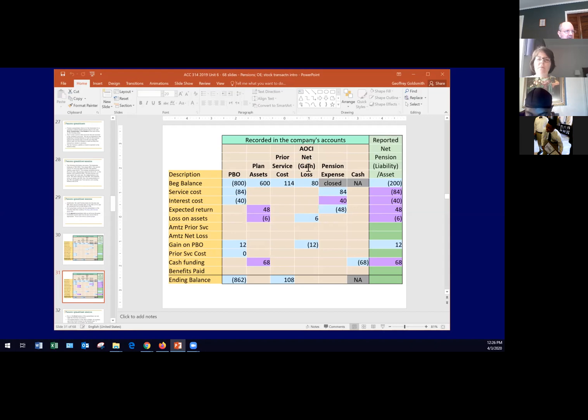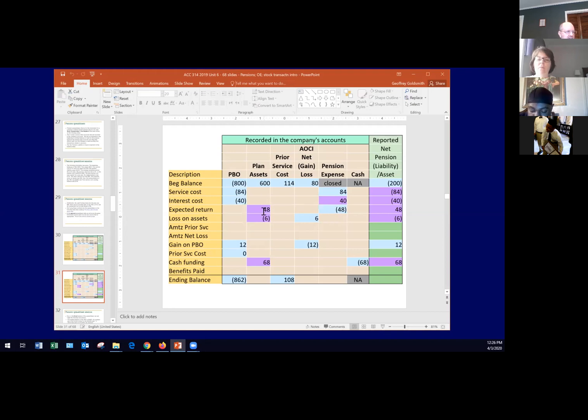If the AOCI gain on the, no, it was a loss on the plan assets. So that decreases plan assets by 6. In other words, they actually earned 42, but for budgeting purposes, it should have been 48.